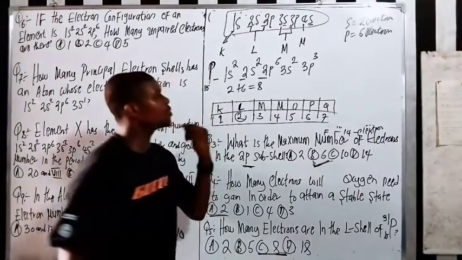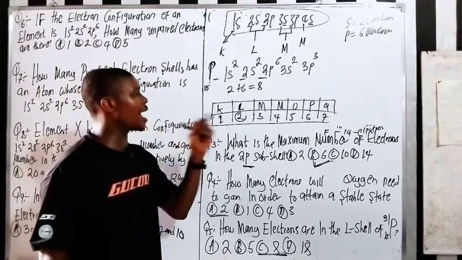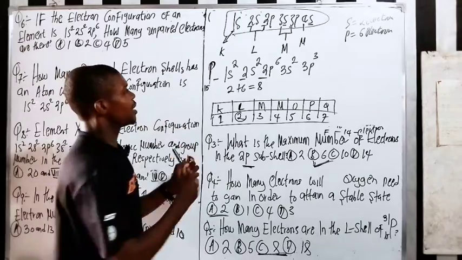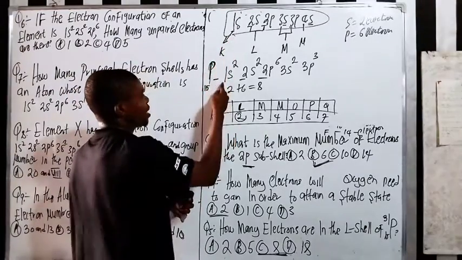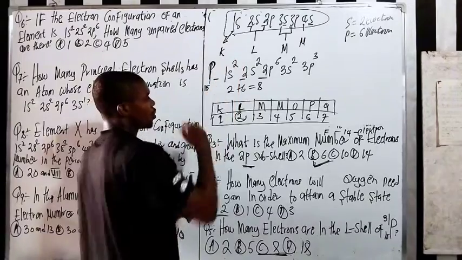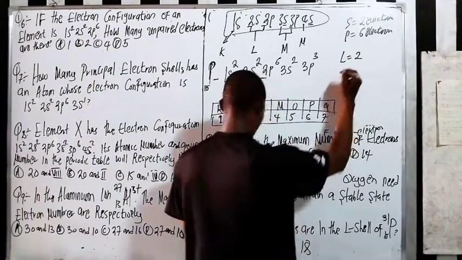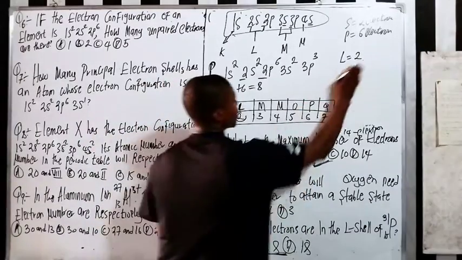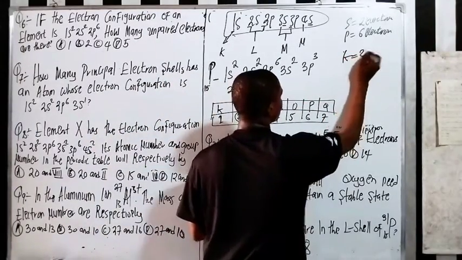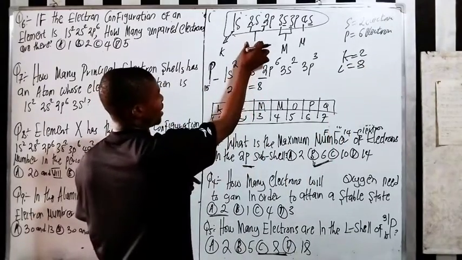Now, we will be asked, how many electrons are in the M shell? Here, my K shell, the number of electrons is 2, right? L equals 8.